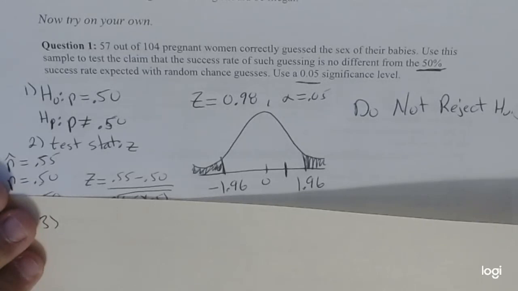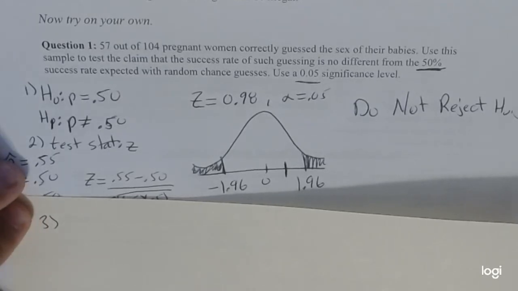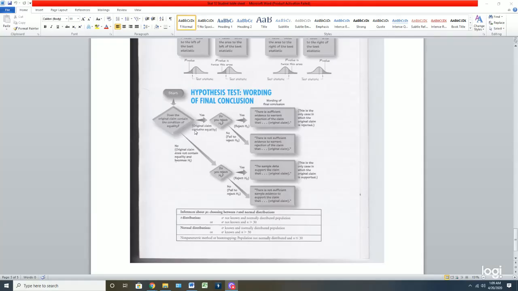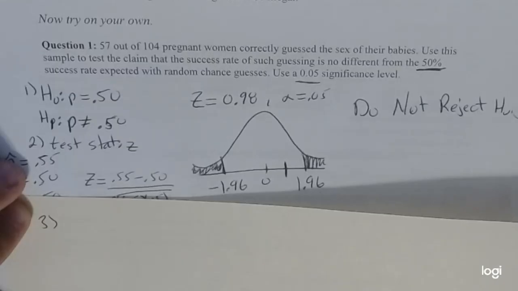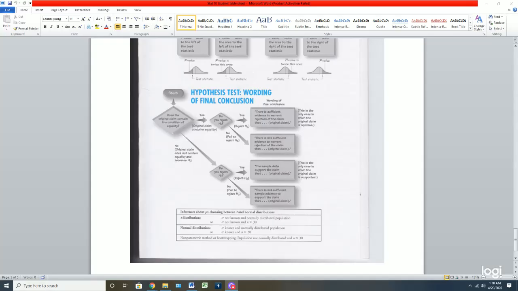Well, the same means we are equal to each other. So this time it does have equality, right? So you would say yes, it has equality. Next step, do we reject or do not reject? We said we do not reject. So we're in box 2.